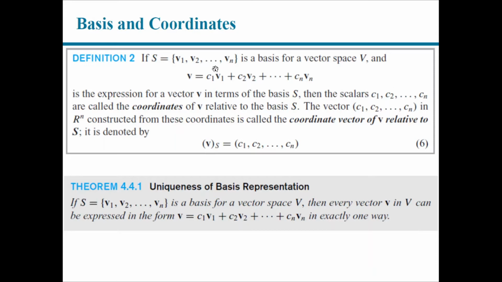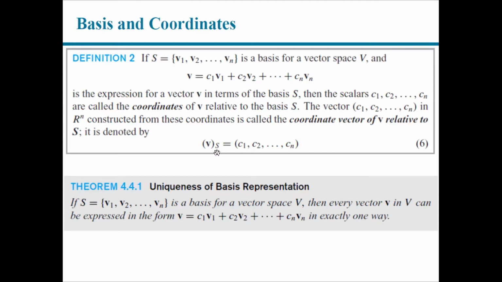We will also implicitly say that this basis is ordered in the sense that the order in which the vectors are given doesn't change. So V1 is the first vector in the basis, V2 is the second vector, V3 is the third, and Vn is the last, okay? Because obviously these coefficients follow the basis vectors.